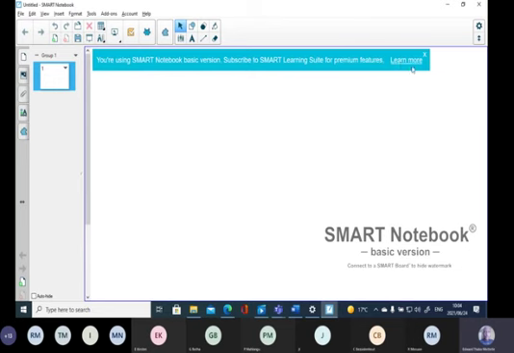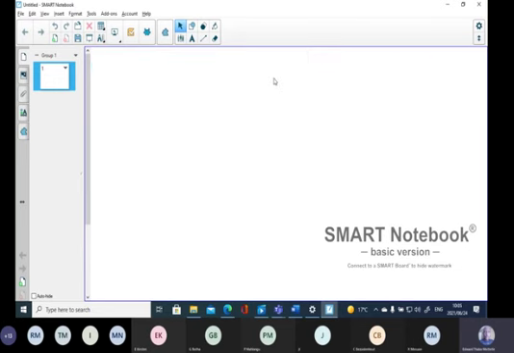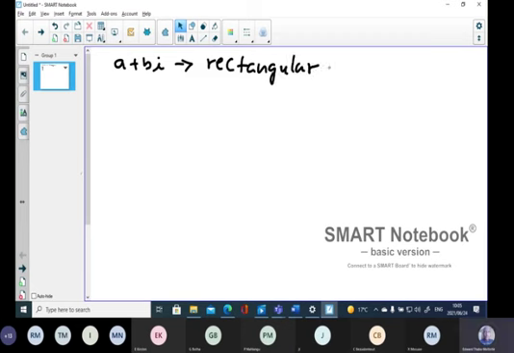So now, when I started with complex numbers, we discussed this form a plus bi, which is called rectangular form.